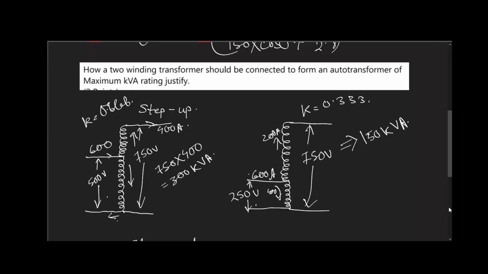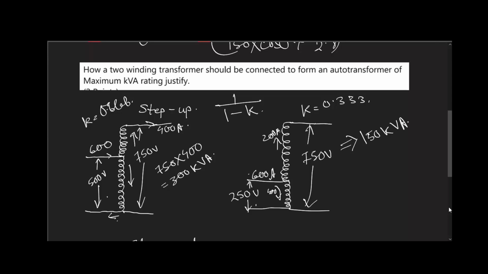kVA rating, like when it is a two winding transformer electrically isolated, then only inductive power transfer takes place, and when we connect them together to form an auto transformer, the power rating of the auto transformer with inductive transformer becomes something like followed by this formula, 1/(1 minus K).